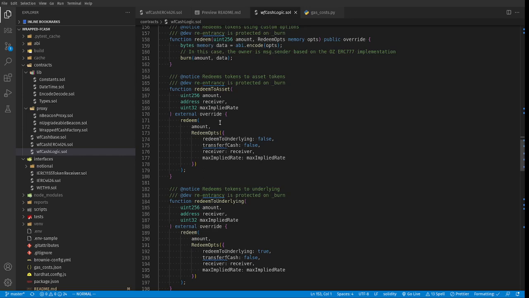Essentially, you specify how many fCash tokens you want to redeem, and then you have a number of options of who you want to receive the fCash. Do you want to transfer the fCash out? That would be a native ERC777 transfer. And then do you want to redeem that fCash to the underlying token like DAI, or do you want to receive it as cTokens?